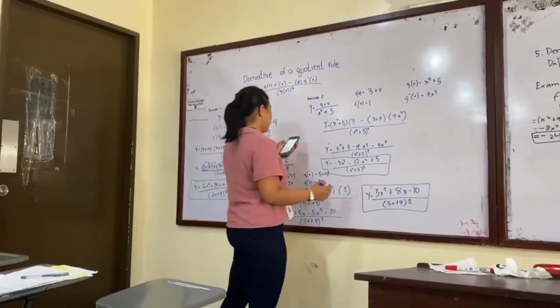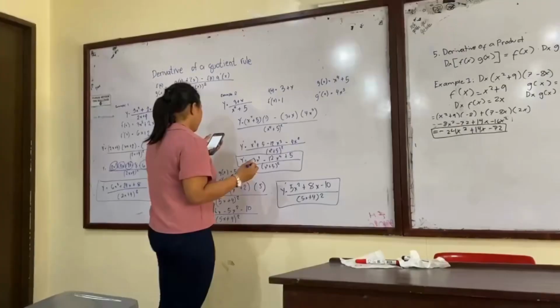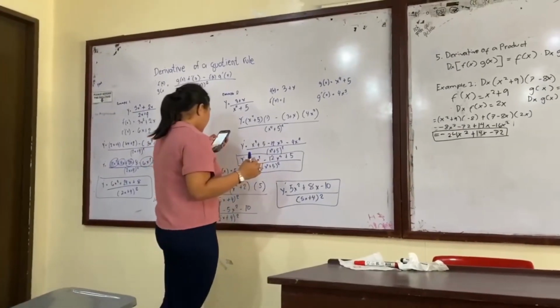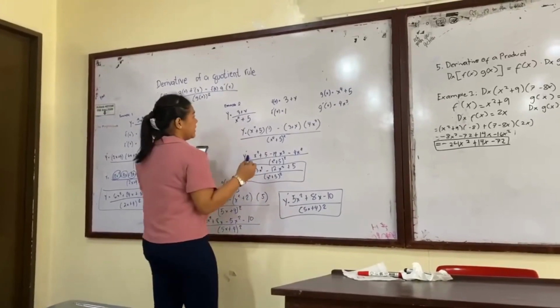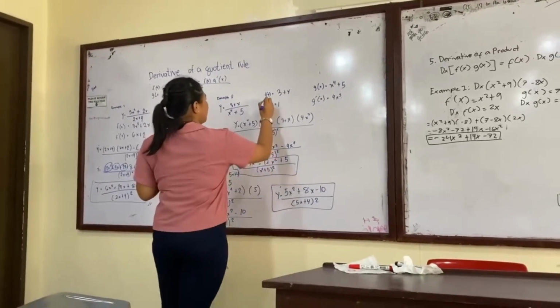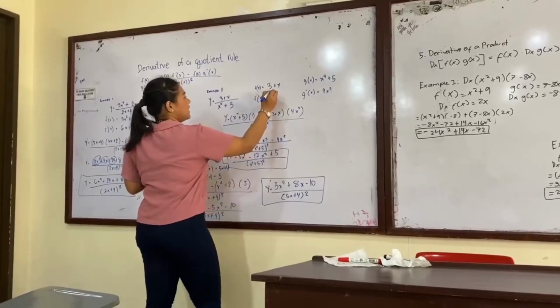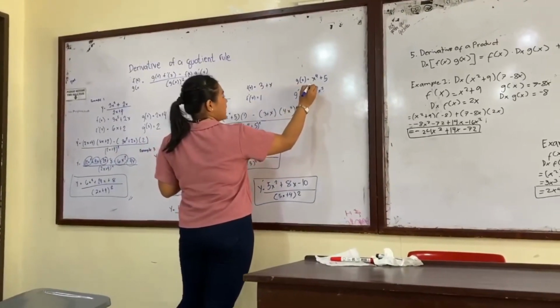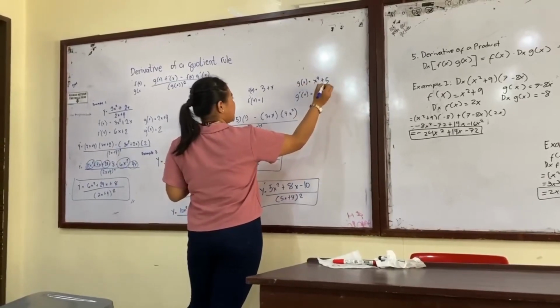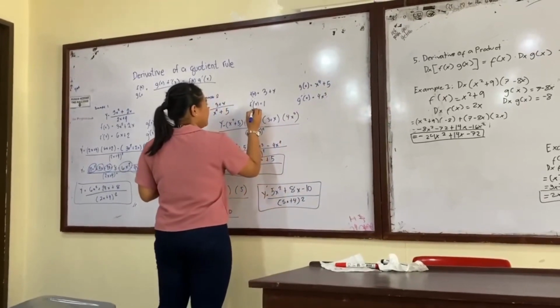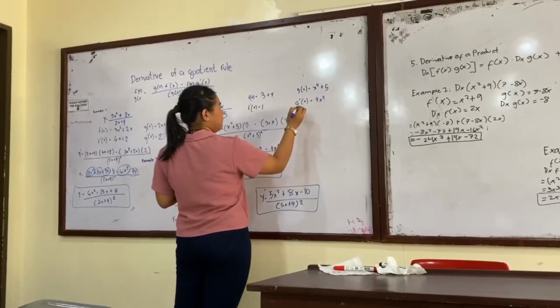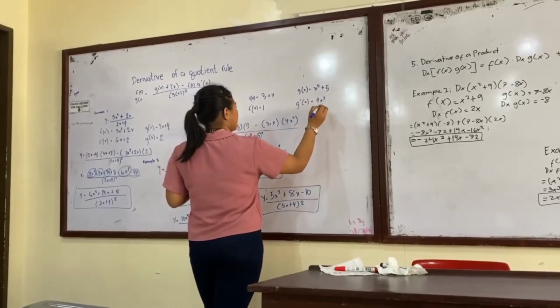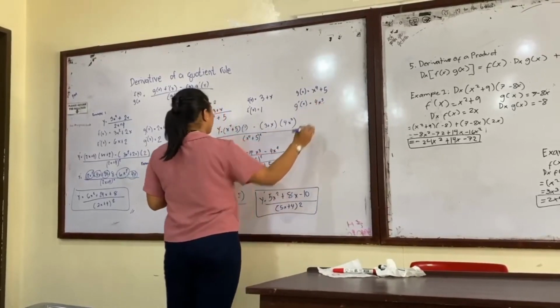Our next example, let's find the derivatives. The f of x is 3 plus x, and our g of x is x raised to 4 plus 5, and f prime of x is 1, and g prime of x is 4x cubed.